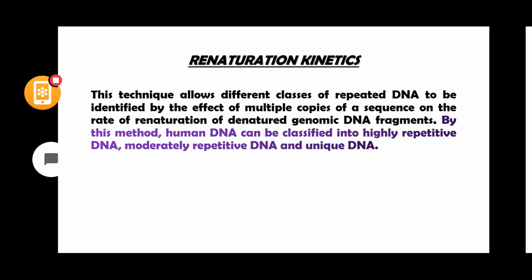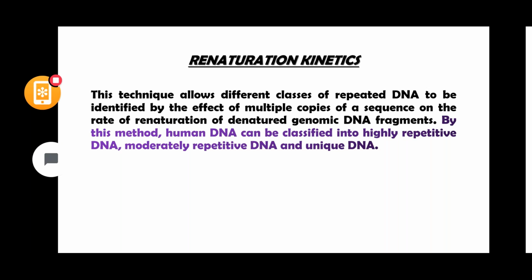We have learned this Cot curve and renaturation kinetics in the previous class, which tells that among the different sequences present in the DNA, some sequences renature at a very high rate, some sequences renature at a moderate rate, and some sequences take a lot of time to renature. So this type of thing comes under renaturation kinetics.